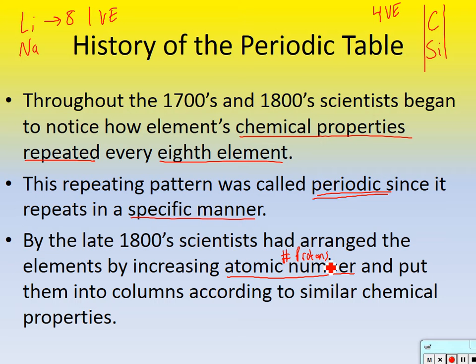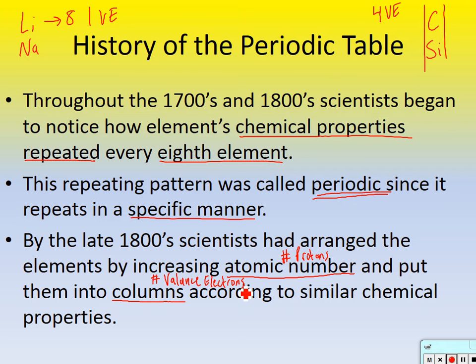So they arranged them by the number of protons that they had in their nucleus, and they put them into columns. Well, if you put them into columns, what does that do? It's similar what? Number of valence electrons, right?